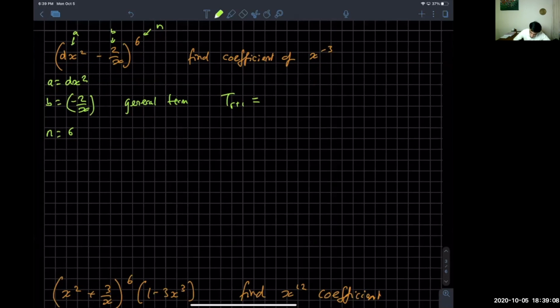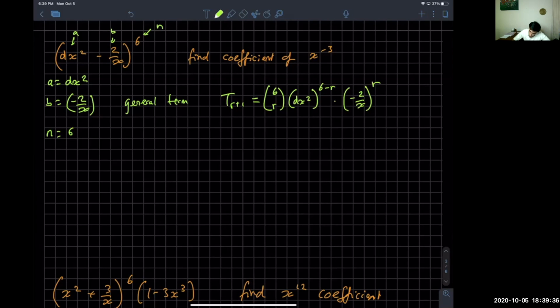Okay, so using the formula, it's N C R, so N is 6, 6 C R, then A to the power N minus R, so A is dx squared, to the power 6 minus R, times B to the power R, so negative 2 over x, to the power R. Okay, that's the general expansion.